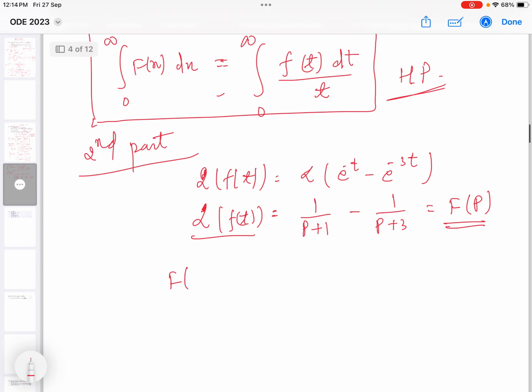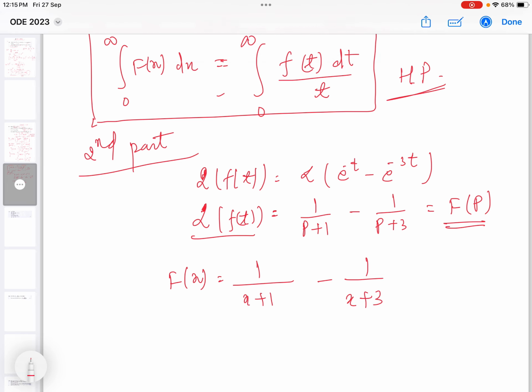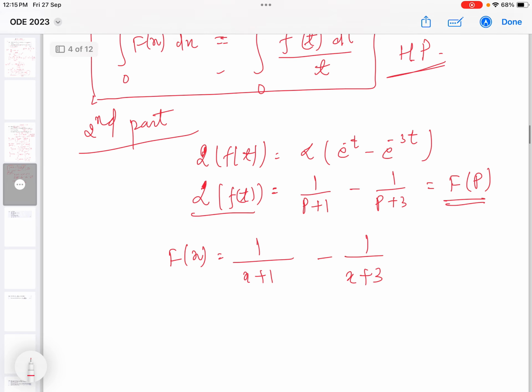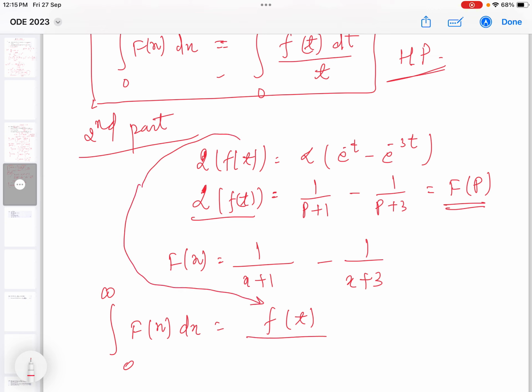So capital F of x would be just replacing p with x: 1 over x plus 1 minus 1 over x plus 3. So from the proven equality, we can say that the integral of F of x dx from 0 to infinity would be the integral of f of t over t dt from 0 to infinity.